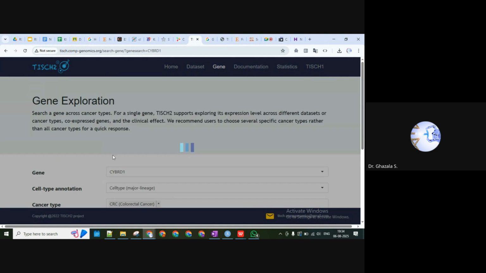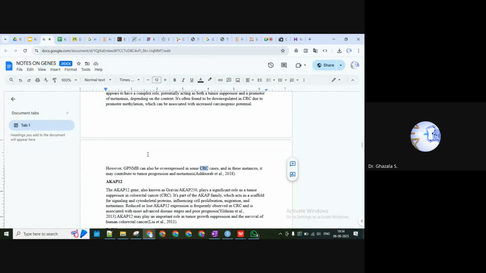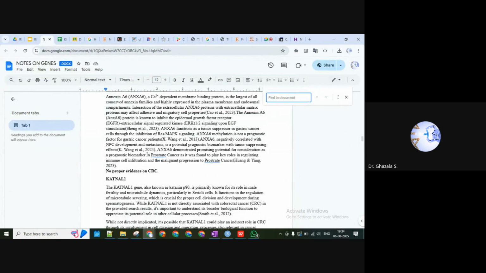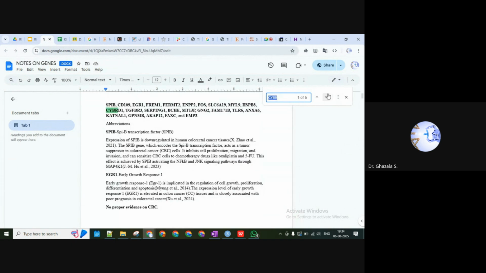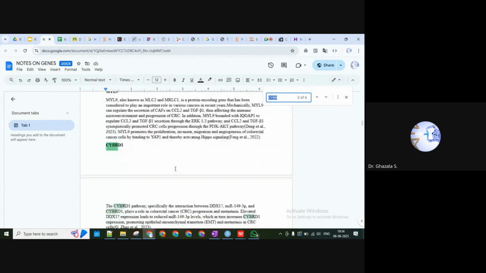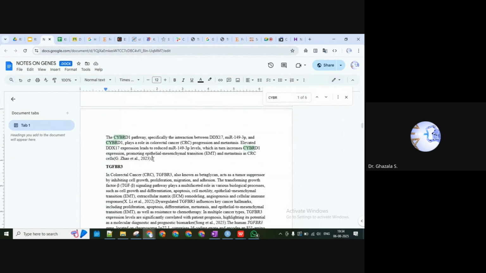So this gene was novel or not, I'm not sure. CYBRD1. This is not novel, so the information should be there.